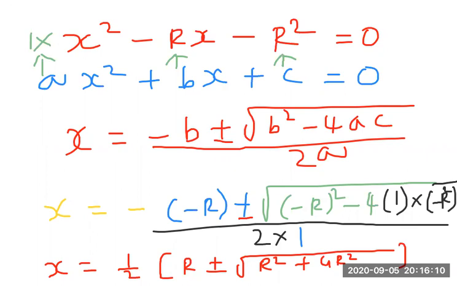Understood the beauty of this problem now? Here minus of minus became plus. So what I got, x equal to 1 by 2 into r plus or minus square root of r square plus 4r square. What is that, sir?